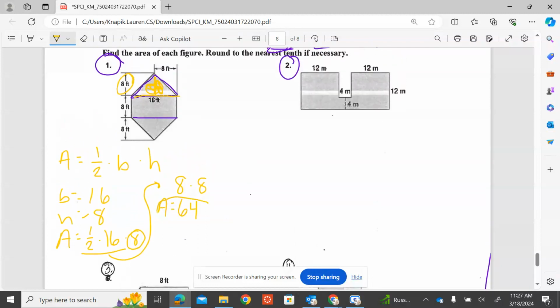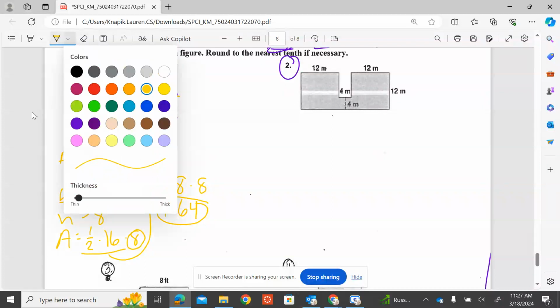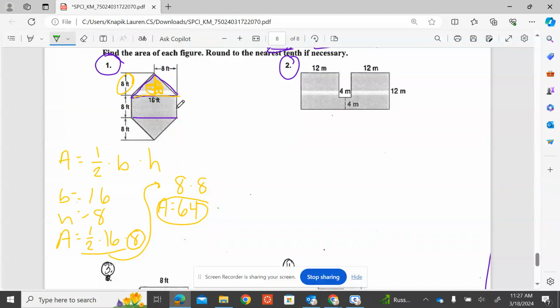Okay, so we found that. Let's go ahead and do our next one in green. Our rectangle, we are going to label as my green shape right here. We know the area of a rectangle is just base times height. Nice and easy. We know that our base is 16.